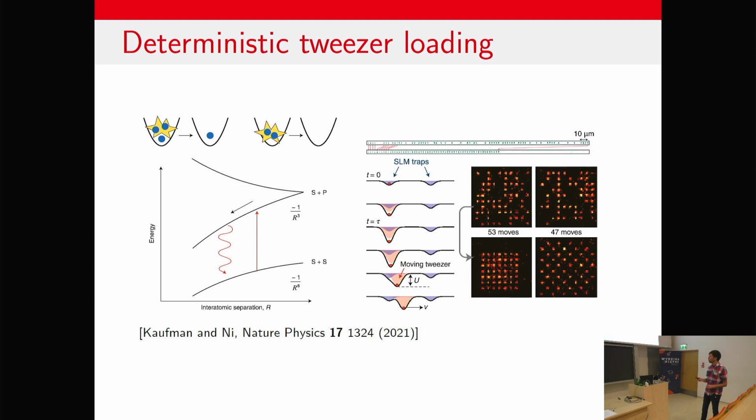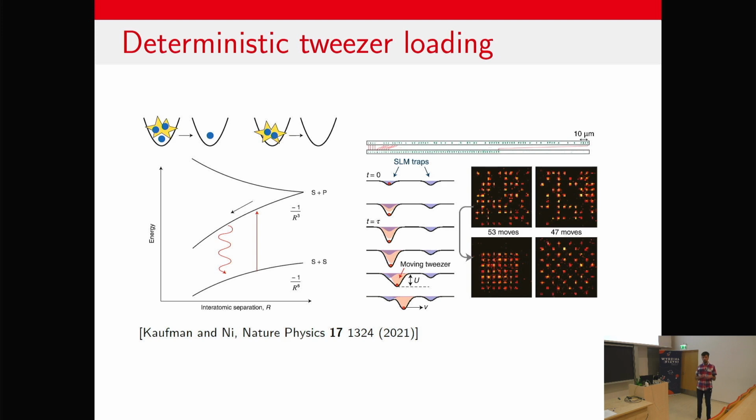Maybe other people will talk about tweezers later in this meeting. The idea is that we want to use single molecules loaded into optical tweezers, which are just very small dipole traps that will contain a single molecule. And you may want to use this as a platform for quantum computing.